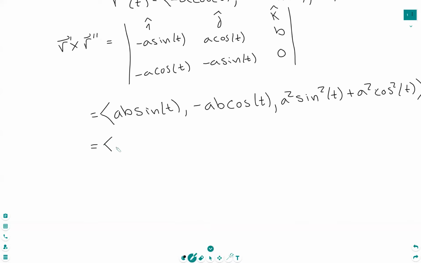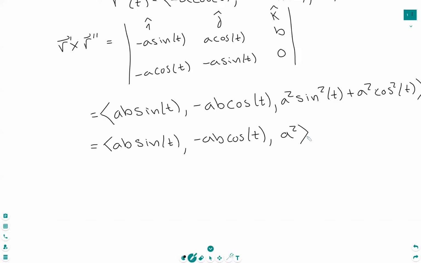So we get the vector ab sine of t, negative ab cosine of t, a squared. Okay, so that was the vector of our r prime crossed with r double prime.